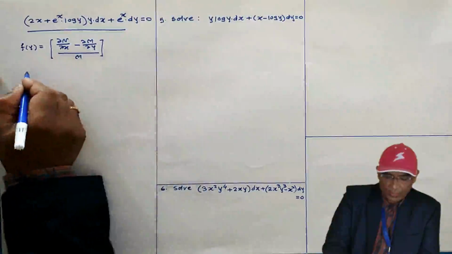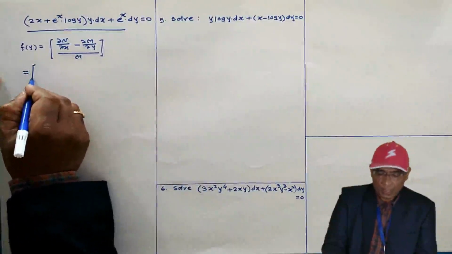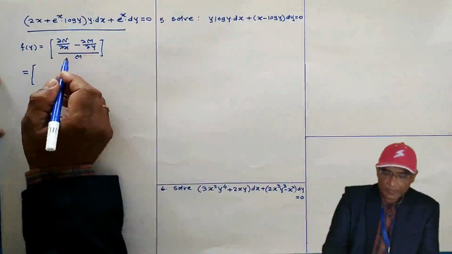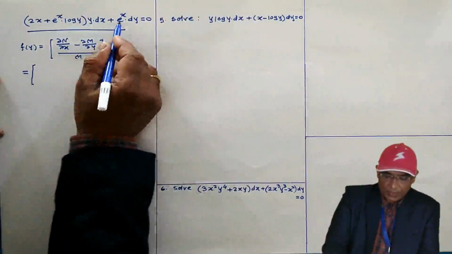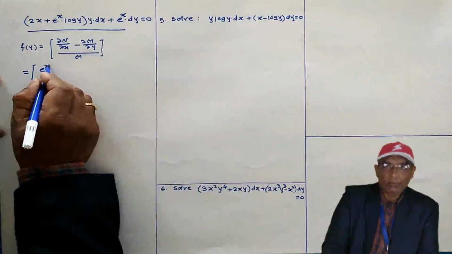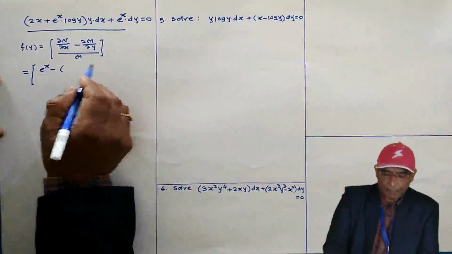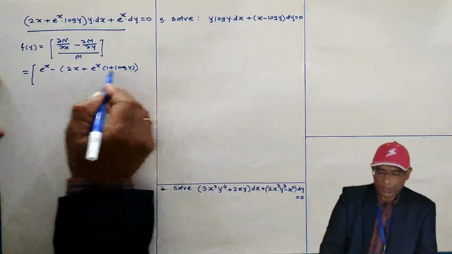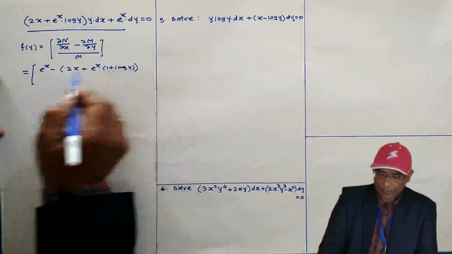I am going to check whether fy is a function of y alone. Del n by del x is e power x. Del m by del y we have previously calculated. On the previous sheet I have written.